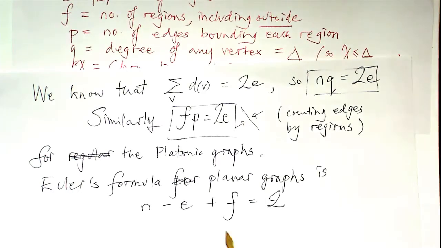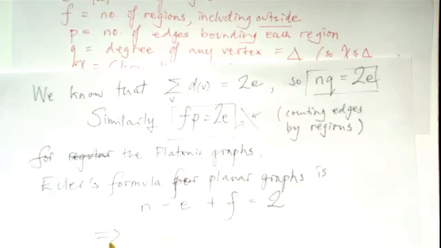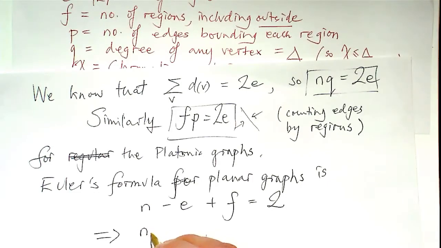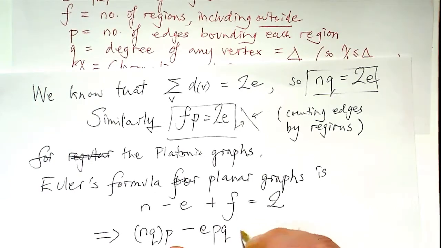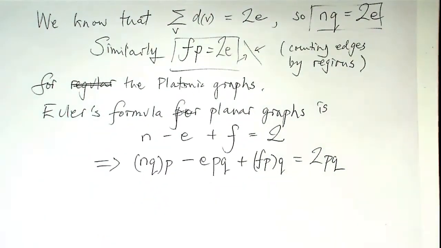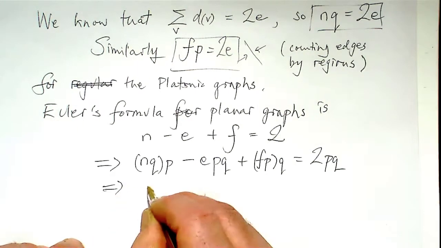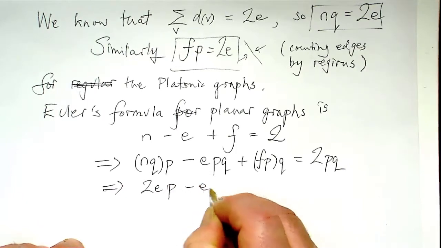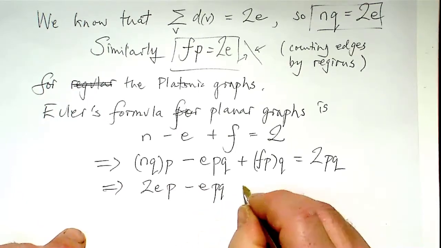Now let's multiply that by PQ. So that's NQ times P minus EPQ plus F times P times Q is equal to 2PQ. That's clearly correct. But I told you that NQ is 2E and FP is 2E.